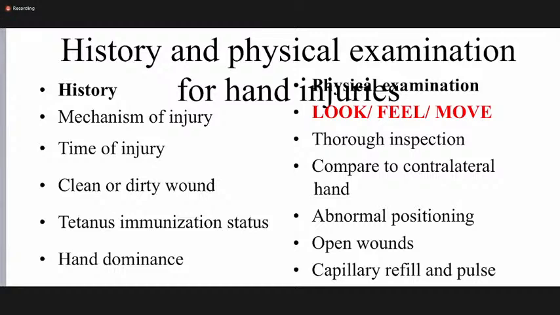In the history, when someone presents with hand, wrist, and forearm injuries, you must find out the mechanism. How did it happen? Was it a road traffic accident, fall from height, an assault? That should be clearly documented in the history. What was the time of the injury? Was it yesterday, 1 month ago, 1 year ago? Was the wound clean or dirty? Or possibly there may even be no wound. Check the tetanus immunization status.